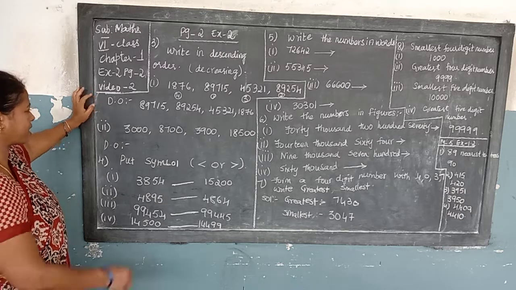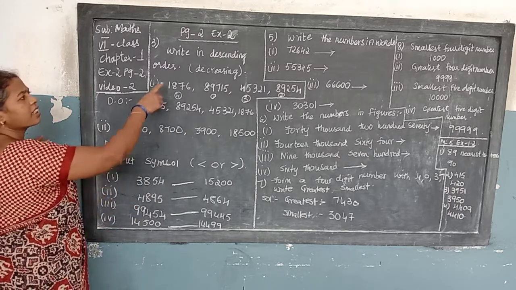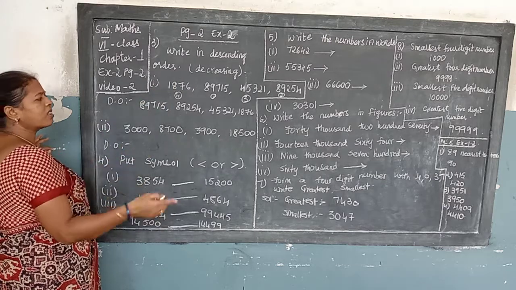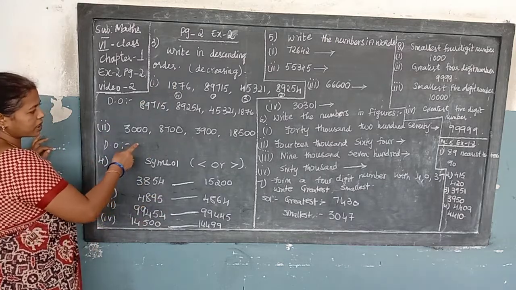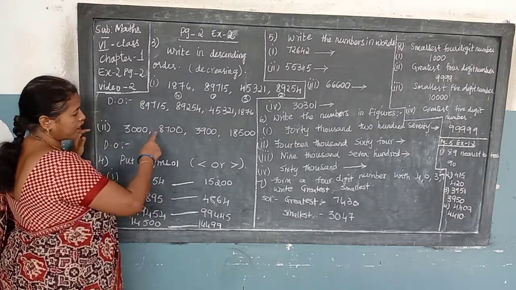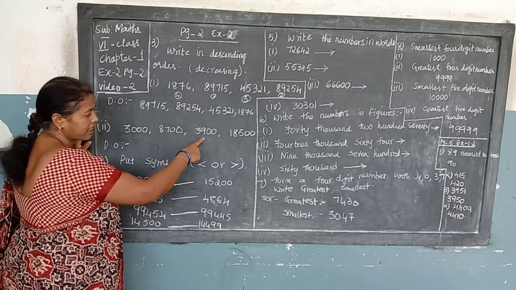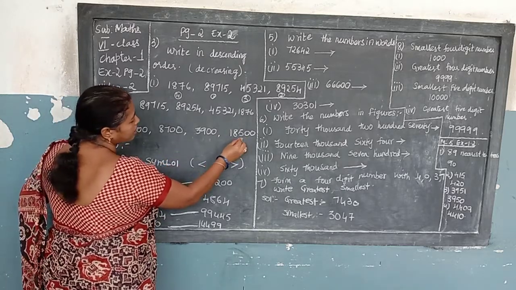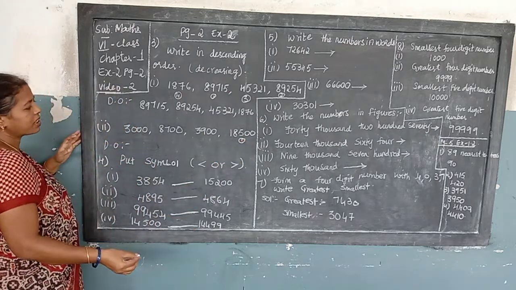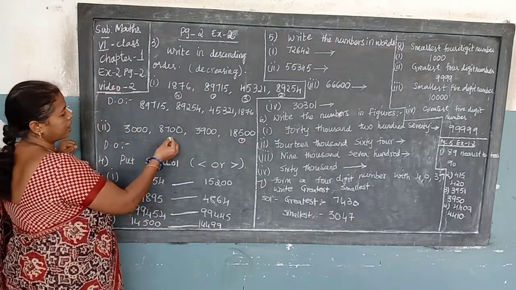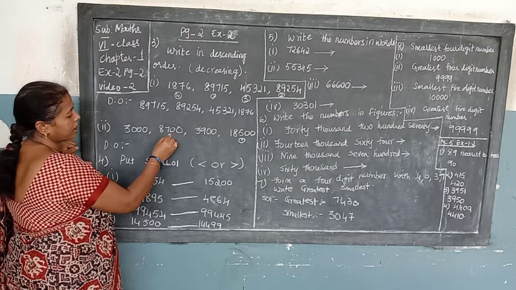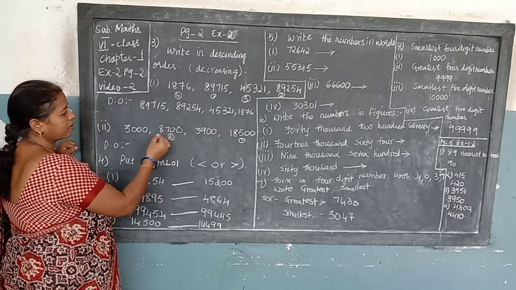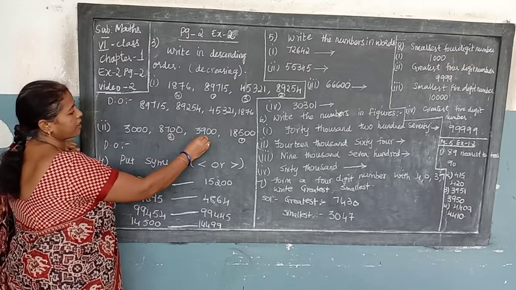Okay, now next for this one, you see, children. Descending order means from big to small, my children. Now again, which is bigger: 3,000, 8,500, 3,900, 18,500? So 18,500 is bigger, first. Then after 18,500, which will come, children? 8,500 will come. Then afterwards which will come? 3,900 will come.